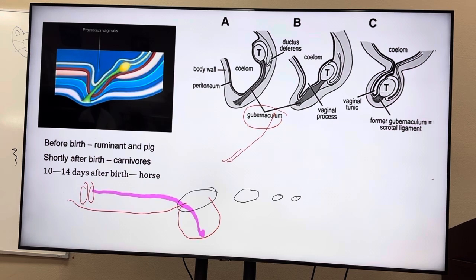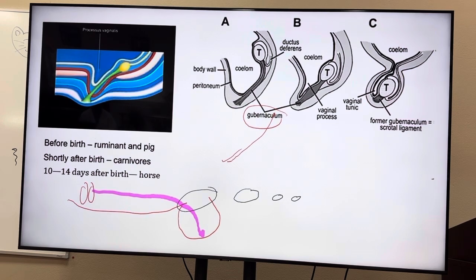So a timely arrival of the testicles into the scrotum is required before the shrinkage of the inguinal canal.